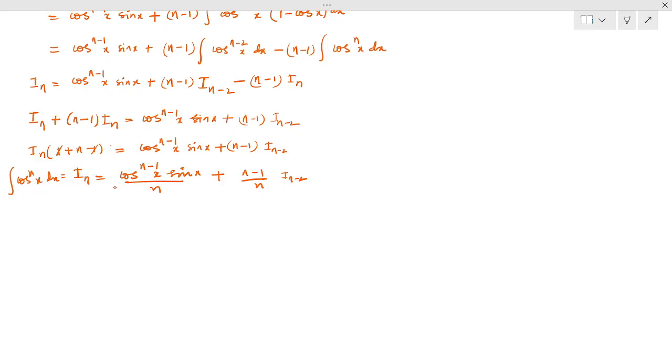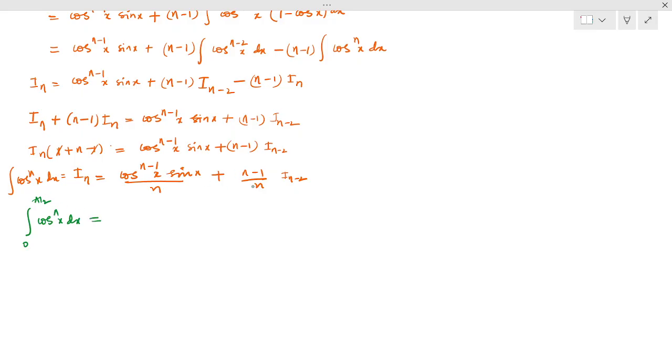We have followed similar lines of action as for integration of sin raised to n x into dx. Now further let's find out the integration of cos raised to n x dx between 0 to pi by 2.